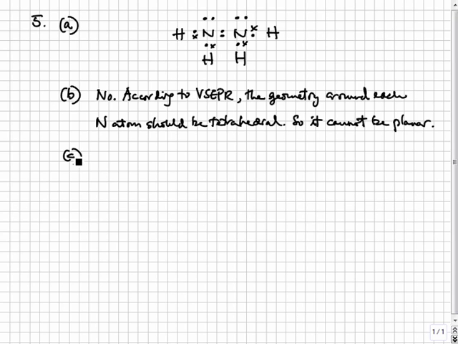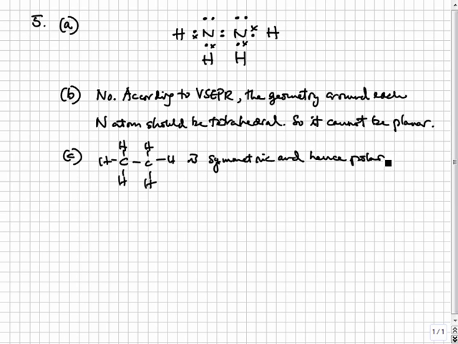C. The structure of the C2H6 molecule is like this. This molecule has 2 carbons bonded to each other, and we also have 3 hydrogens around each carbon. So the molecule is completely symmetric, and therefore it is not polar.